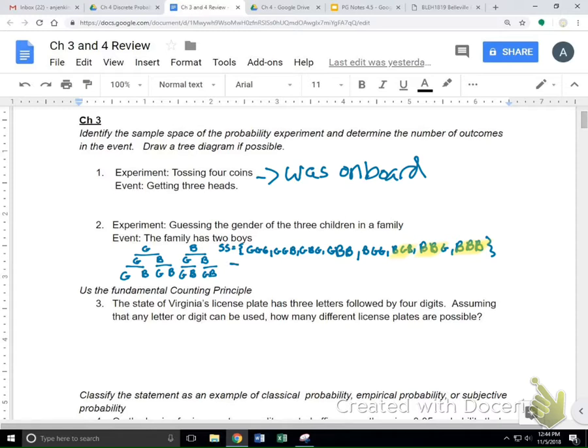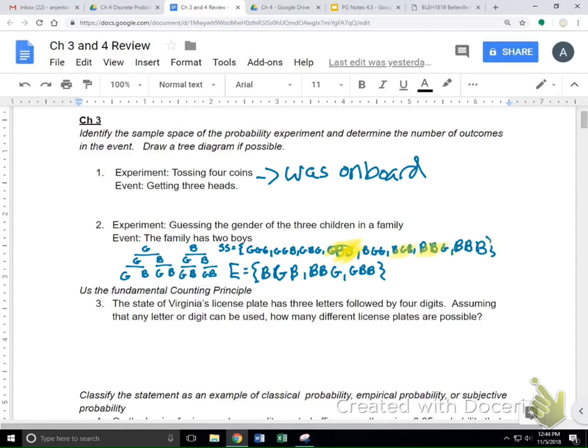Our event can be boy, girl, boy, or boy, boy, girl, or girl, boy, boy. The boy, boy, boy case has more than 2 boys, so it is not included.